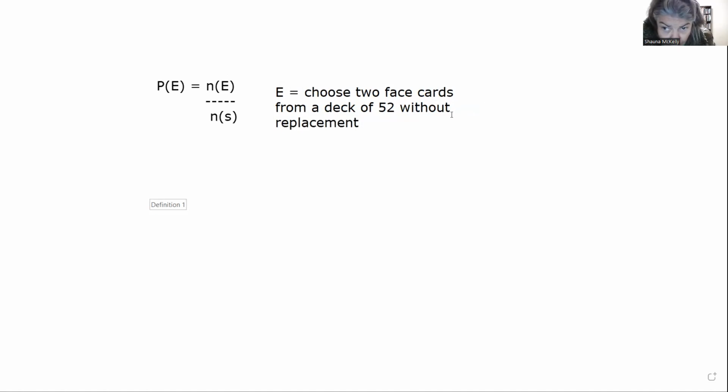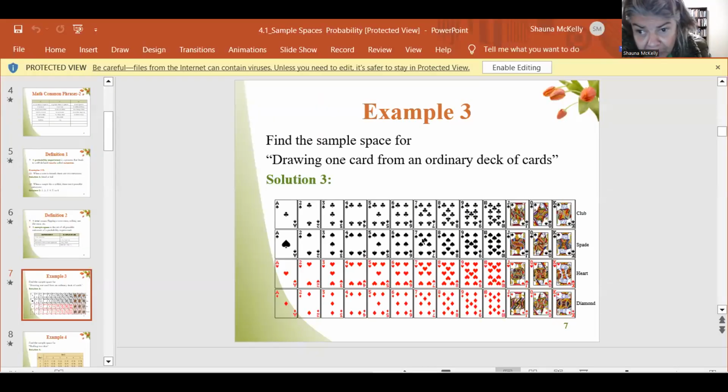Let's keep something in mind. Here's my deck of 52 cards, and these 12 on the end with people on them, the four jacks, the four queens, the four kings, are face cards.